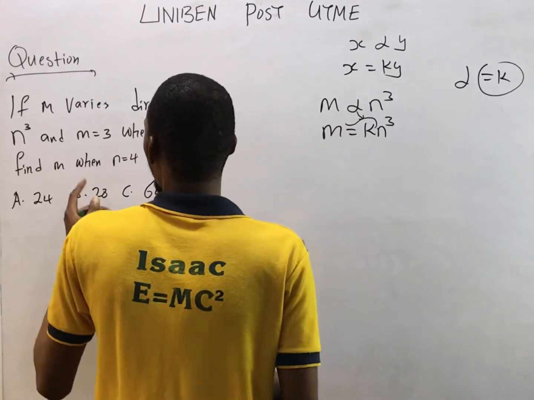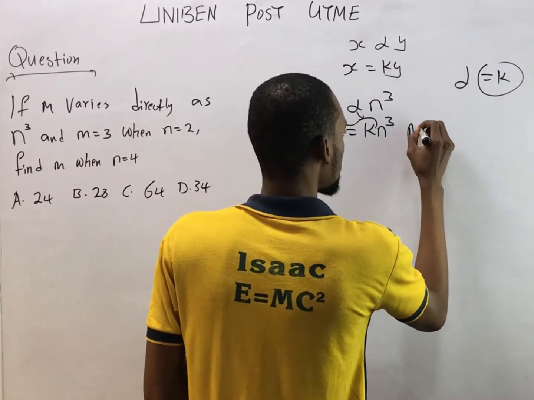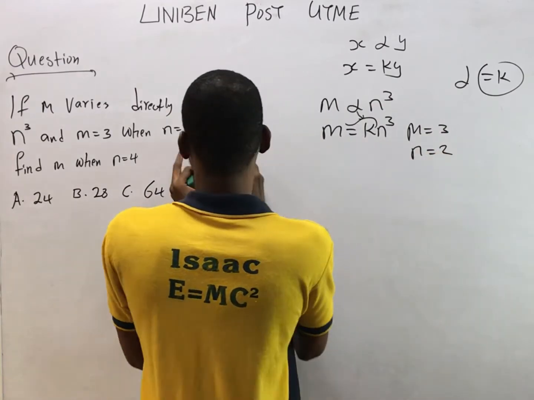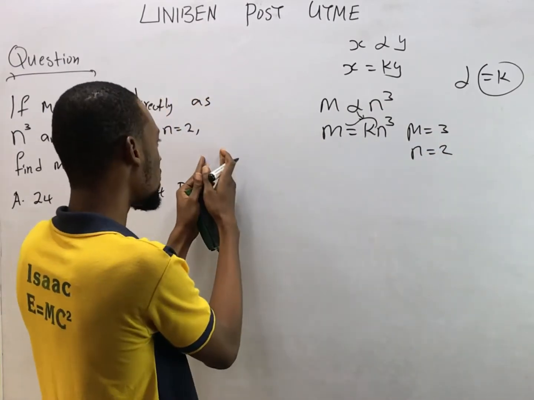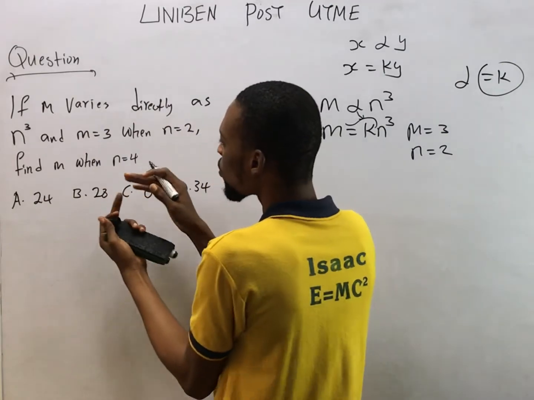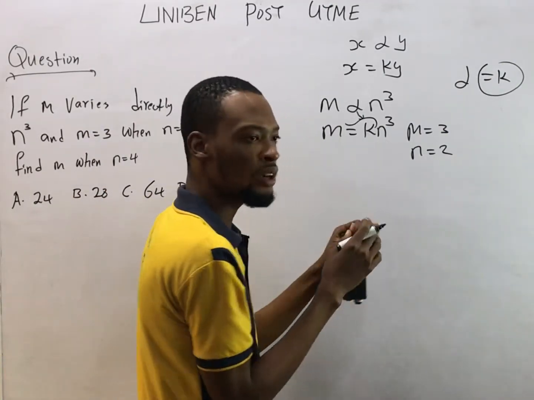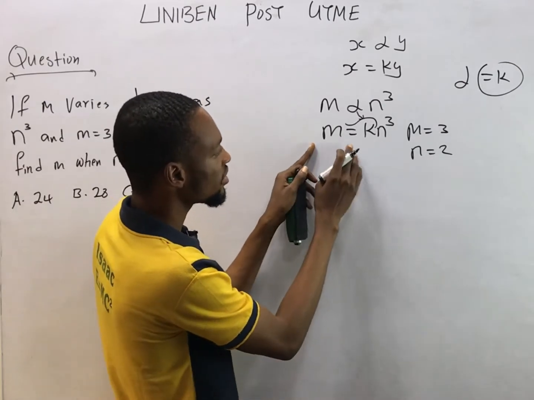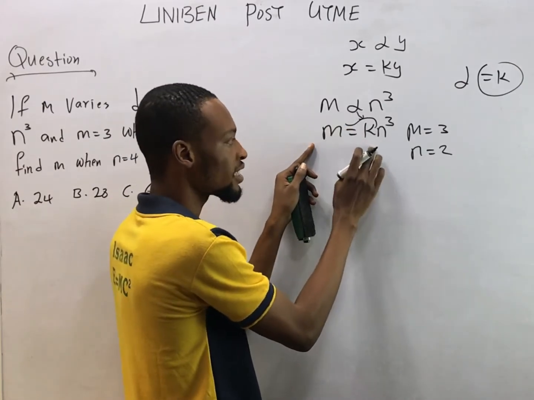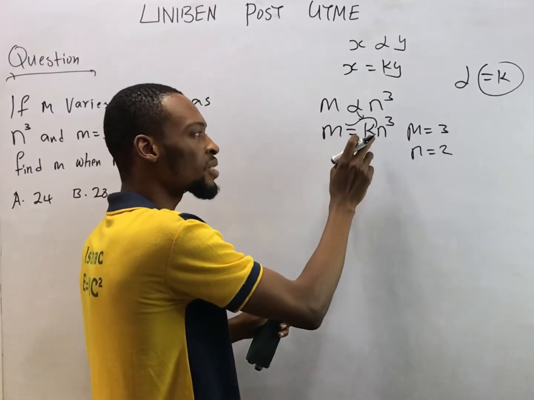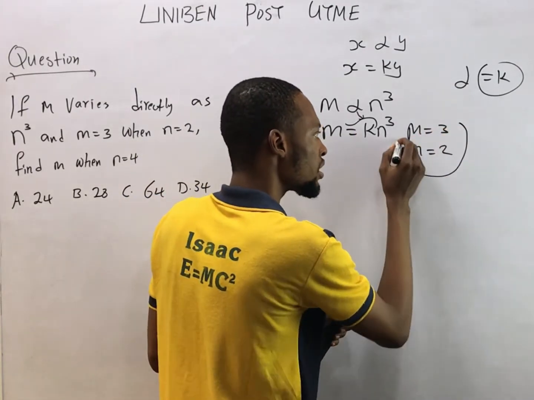And it says when M is equal to 3, N is equal to 2. It now stops, comma. Find M when N is equal to 4. Now, look at this. Trying to change this proportionality sign to equality sign, we encountered a constant. So we need to look for the value of this constant with these two values we already have.